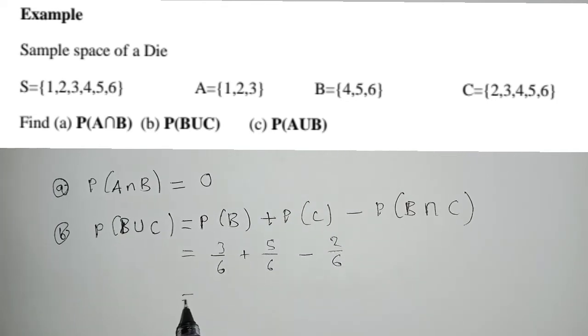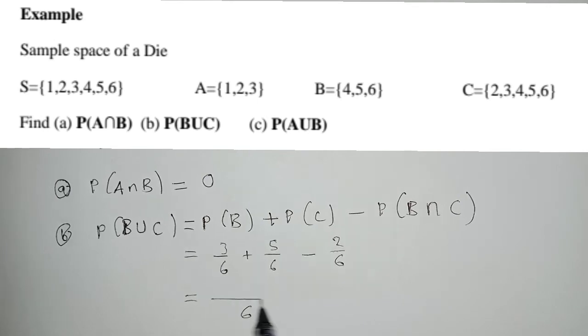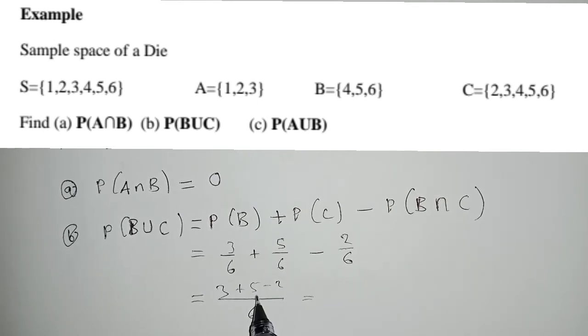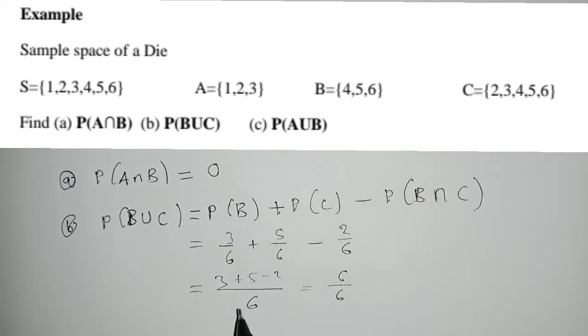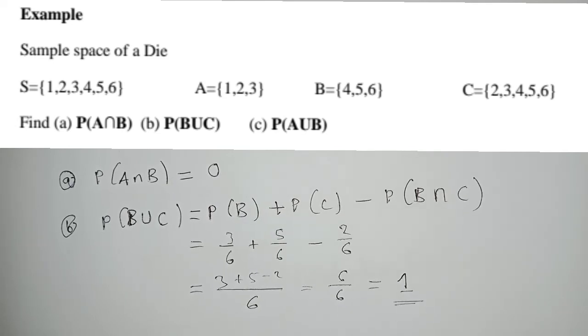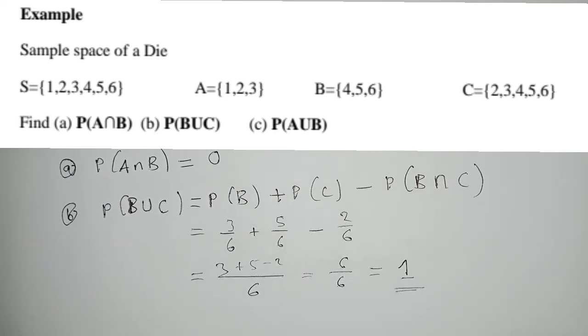So you just solve now. This is 3 plus 5 minus 2 over 6, which is equal to 6 over 6. Am I doing the right thing? Yeah. 5 minus 2 is 3, 3 plus 3 is 6. So the probability of B union C is just 1.